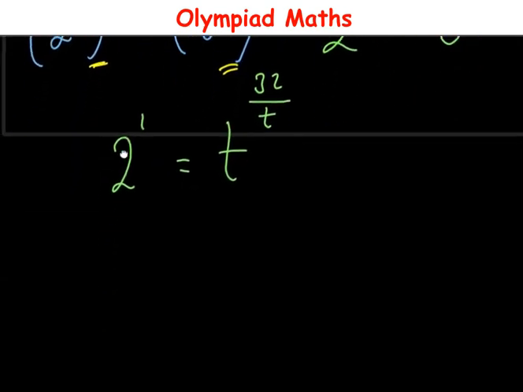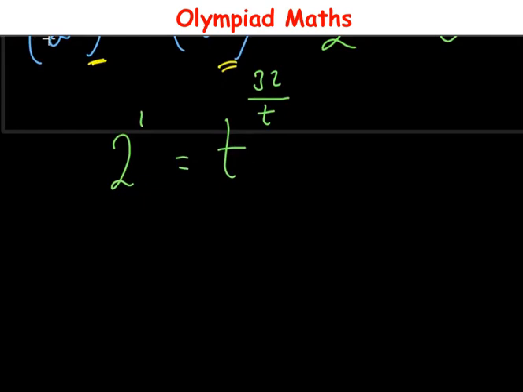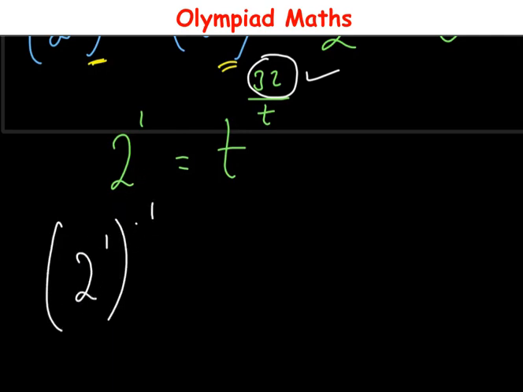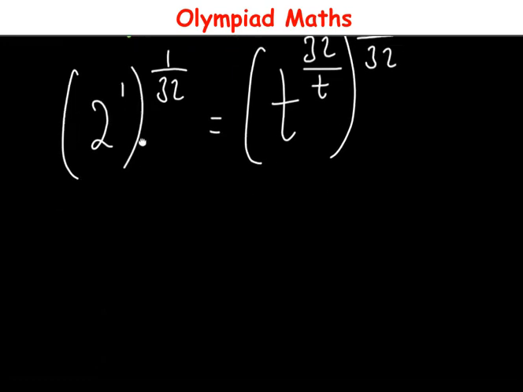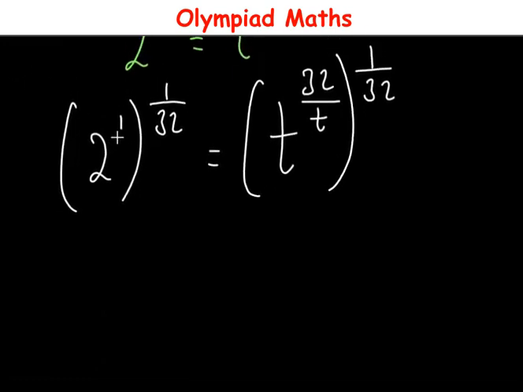So with this, the next thing is to eliminate power 32 right here, and to do so, we are going to multiply both sides with power 1 over 32. So in bracket, we have 2 raised to power 1, then multiplied by power 1 over 32 is equal to, in bracket, t raised to power 32 over t, then all raised to power 1 over 32. So with this, what we have is power 1 right here multiplies 1 over 32.